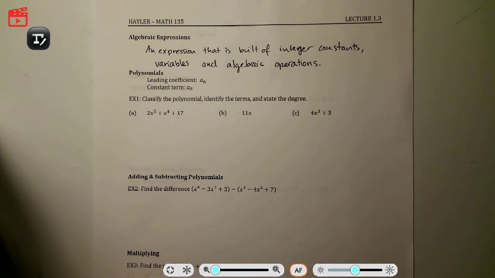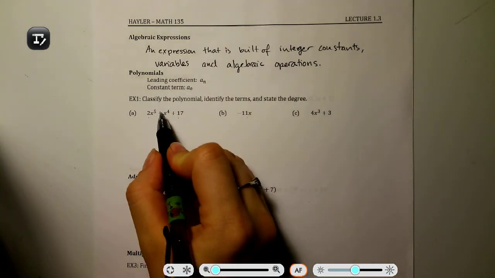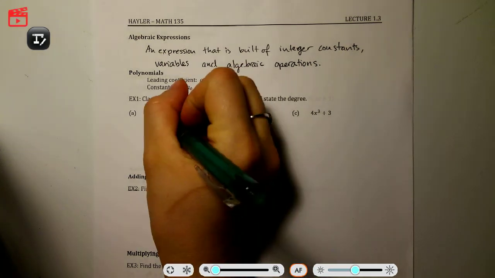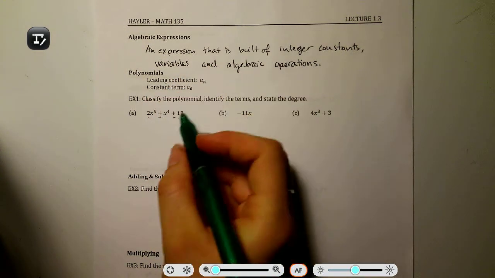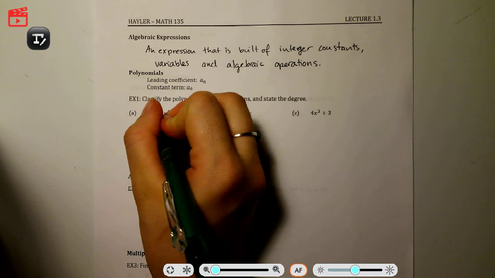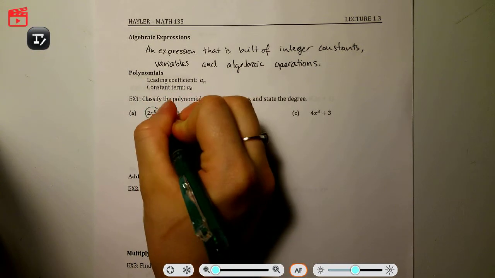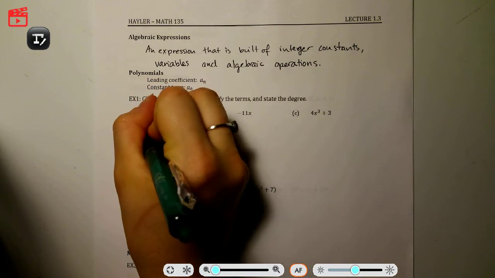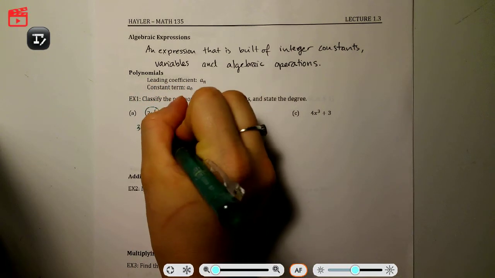Okay, so how do we figure out how many terms we have? Well, what I like to do is I like to look at things separated by the plus or minus signs, and that gives me a hint at how many terms we have. So we have 2 plus signs here, which means we have 1, 2, 3 terms. So this is a 3-term polynomial.